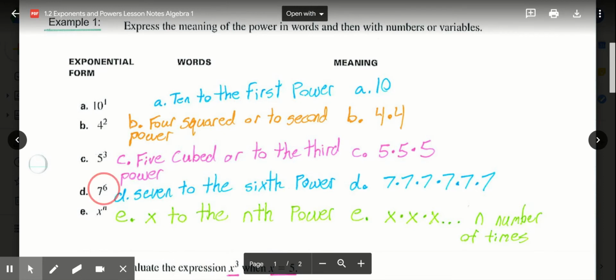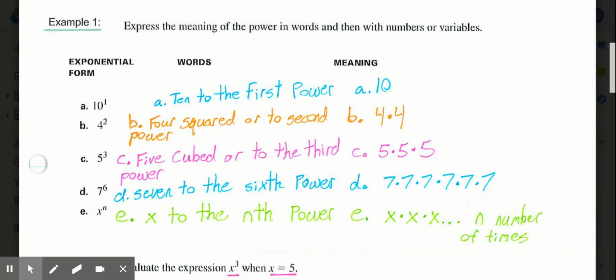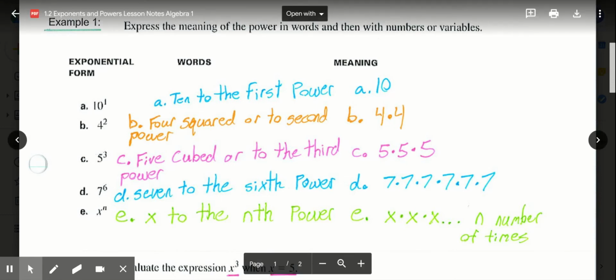In D, we have a base of 7, an exponent of 6, so we would simply read that as 7 to the 6th power. And what that means mathematically is 7 times 7 times 7 times 7 times 7 times 7. So we should have 7 being multiplied 6 times.